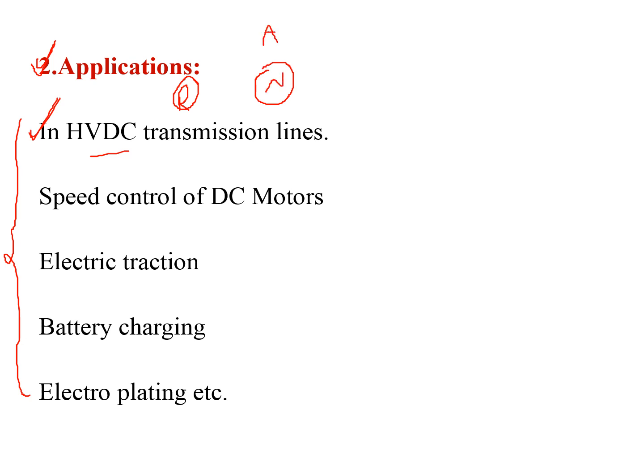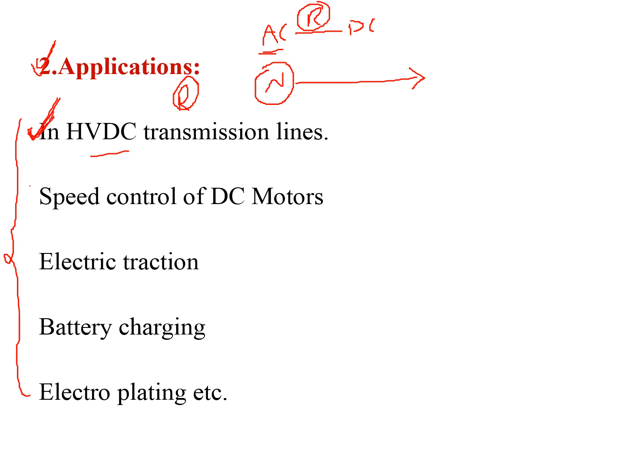If you want to transmit these generated AC voltages over longer distances, we need to convert this AC to DC. For converting AC to DC, we require rectifiers. So this is the first application of rectifier.